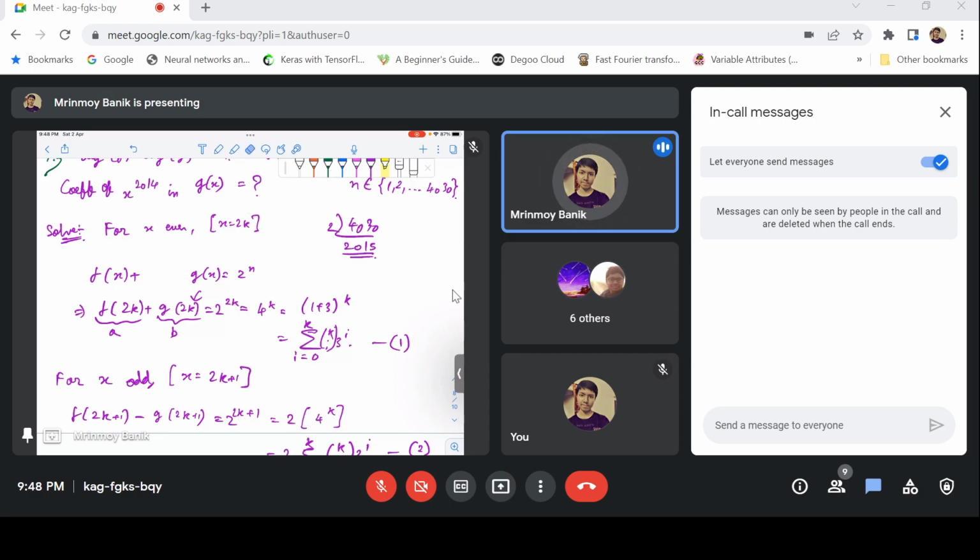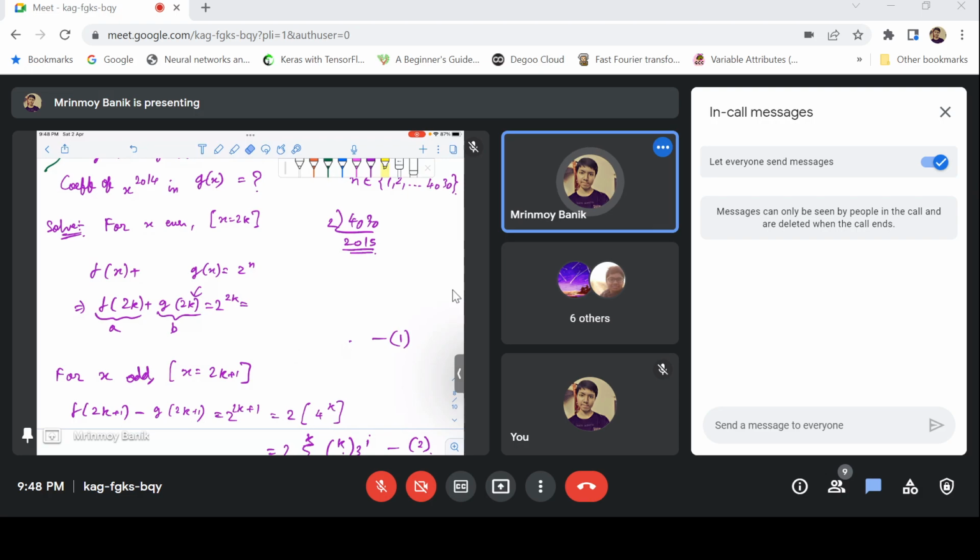So that's where we can pick one 4 out before expanding. So it's 4 times (1 plus 3)^k. So we have the sum from 0 through k minus 1 of k choose i, 3 to the power i, after taking 4 common.